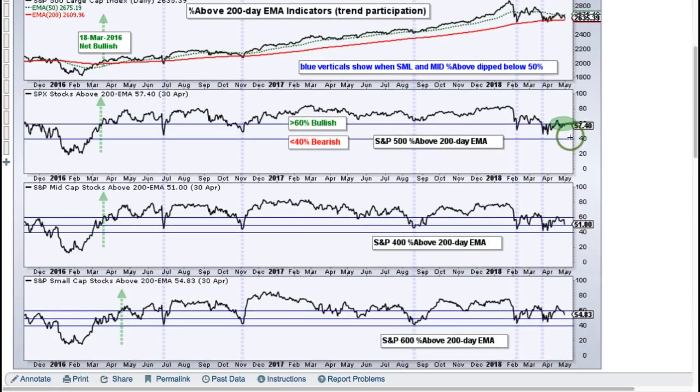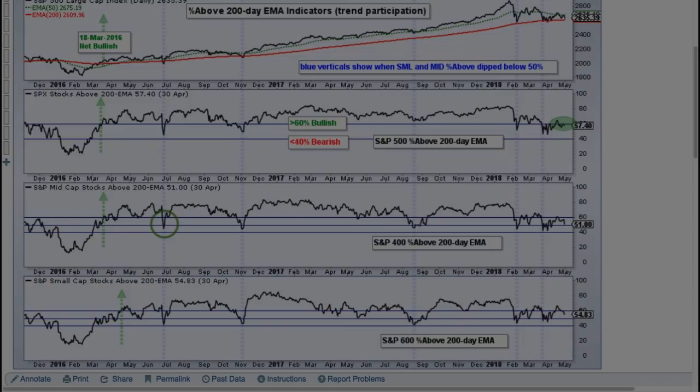There you can see 40 and 60 because, with 50, you're going to get lots of crosses and lots of whipsaws. And if you want to use 50 to show those pullbacks, that's okay. But I think for the bullish and bearish signals, for the long-term broader market, I would use 40 and 60.